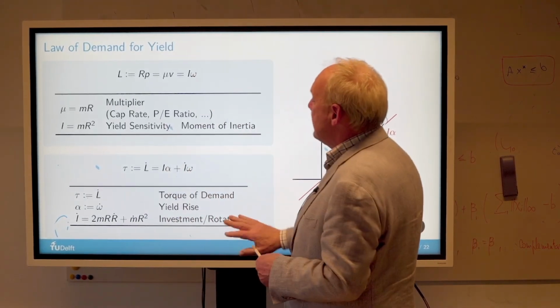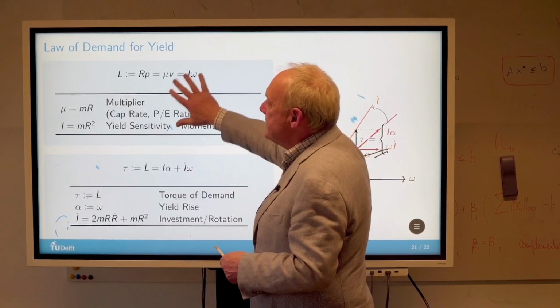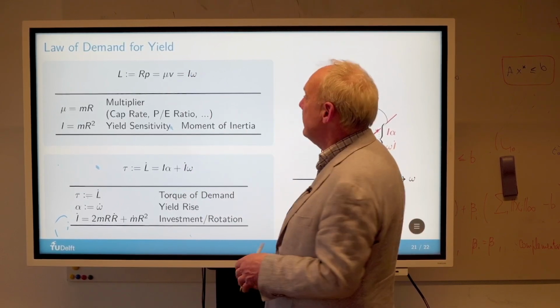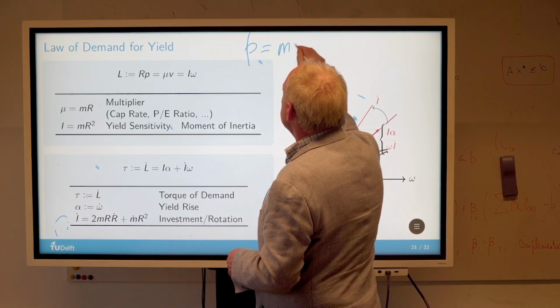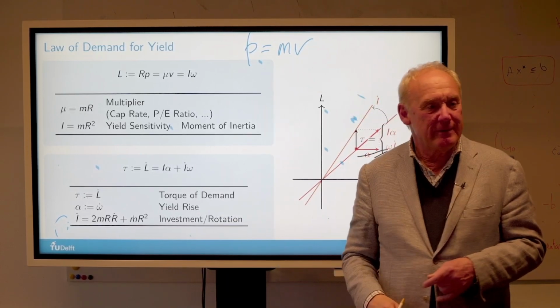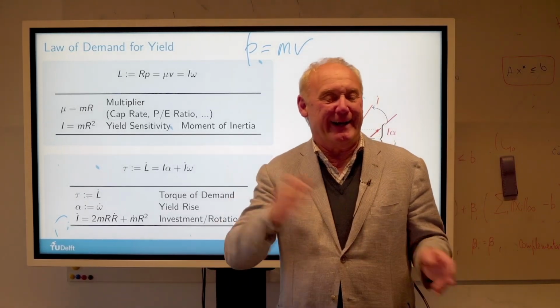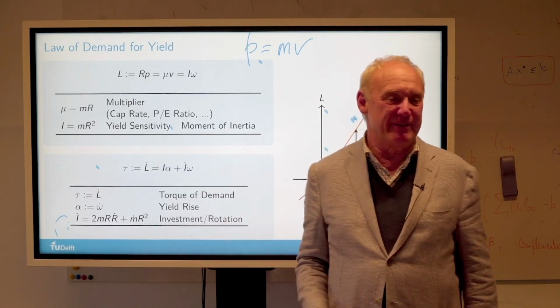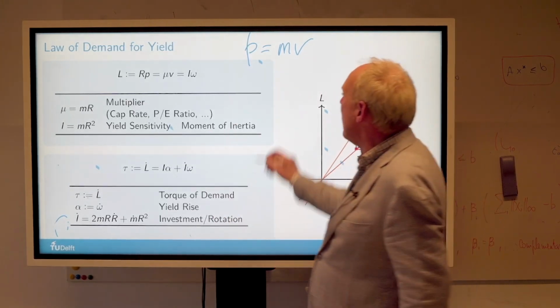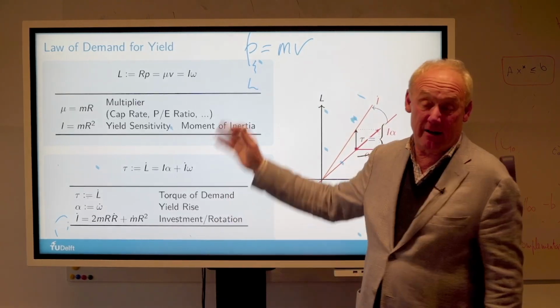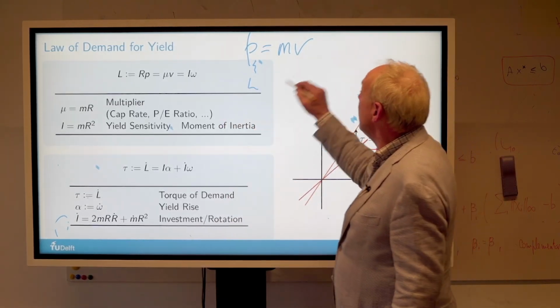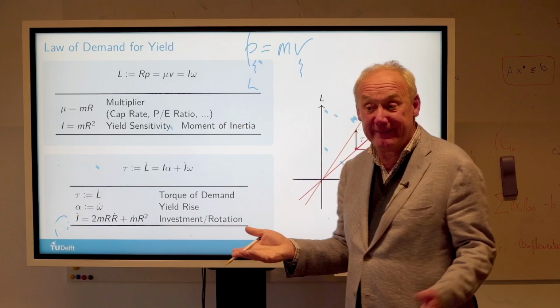So first I'm going to write down the equivalent of P. What am I going to do? Yeah, M times V, right? So that's the definition of regular linear momentum. We want to replace this by our angular momentum, so that's our price, capital L. We want to replace this by the yield, right?